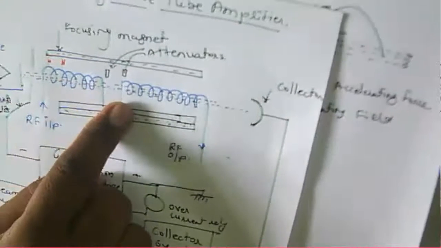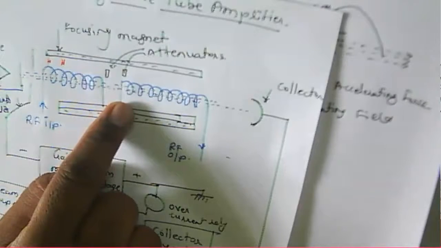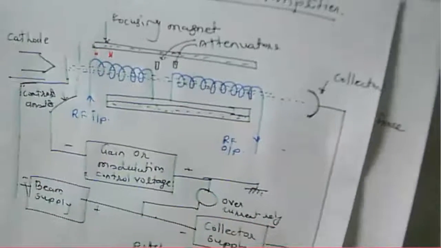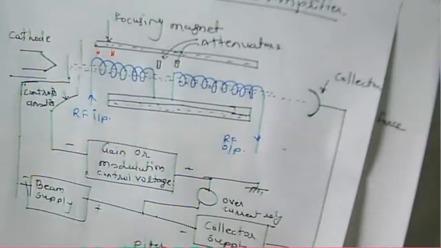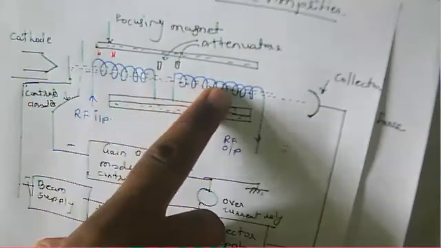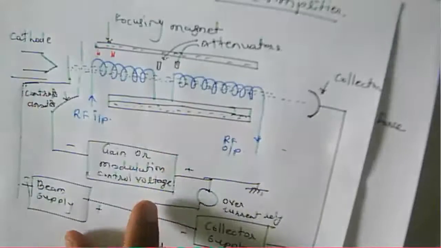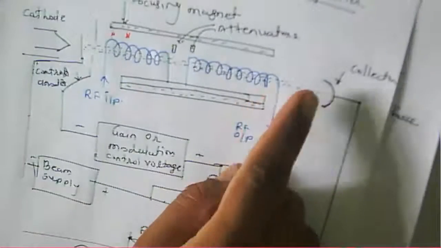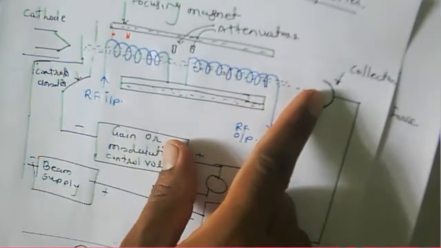Electrons entering the retarding field are decelerated. So electrons travel through this particular helix, form the bunches, and they will be collected at the collector there.